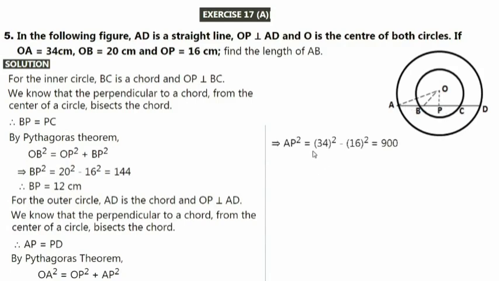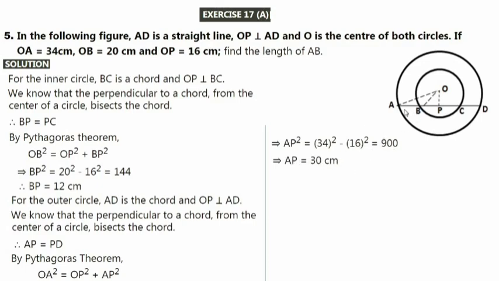So from here also we'll calculate AP. First bring OP out here. So you get OA square minus OP square. OA is 34 square minus OP is 16 square. When you simplify it, you get 900. Now AP square is 900, means AP is root over 900, which is 30 centimeter.